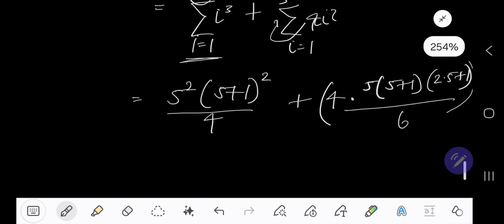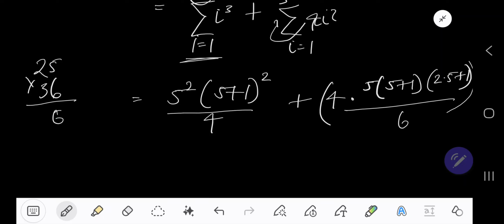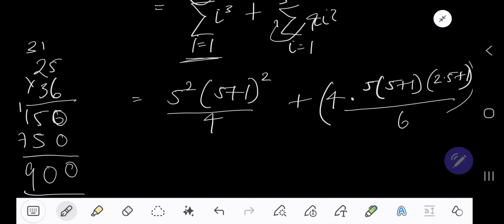Alright, we'll solve this one first. 5 squared is 25 and 6 squared is 36. 25 times 36 equals 900, and that's divided by 4, right?